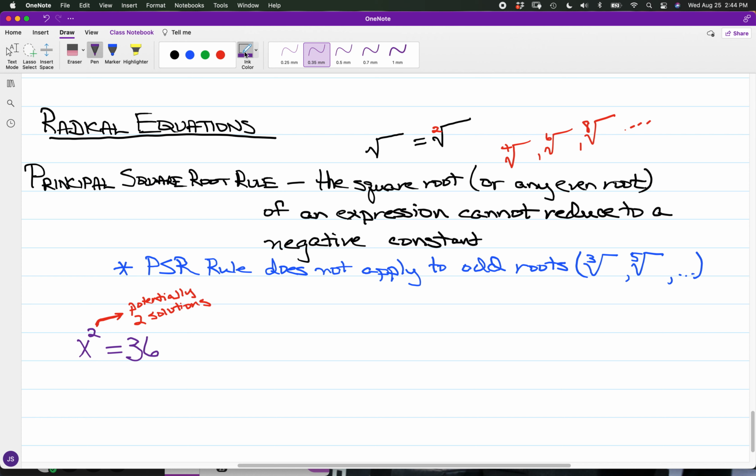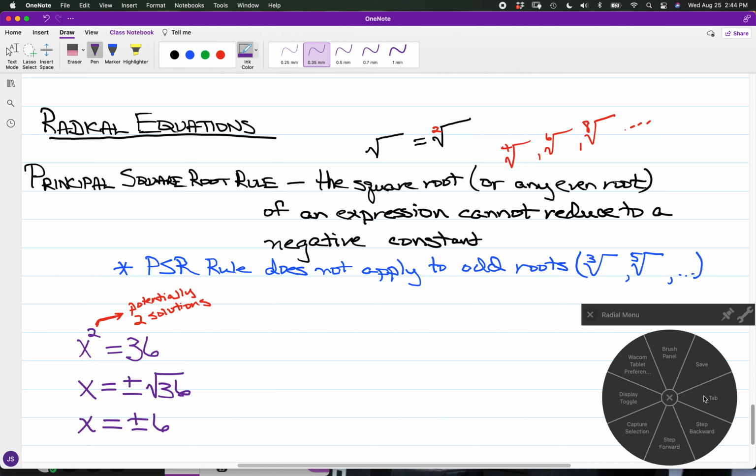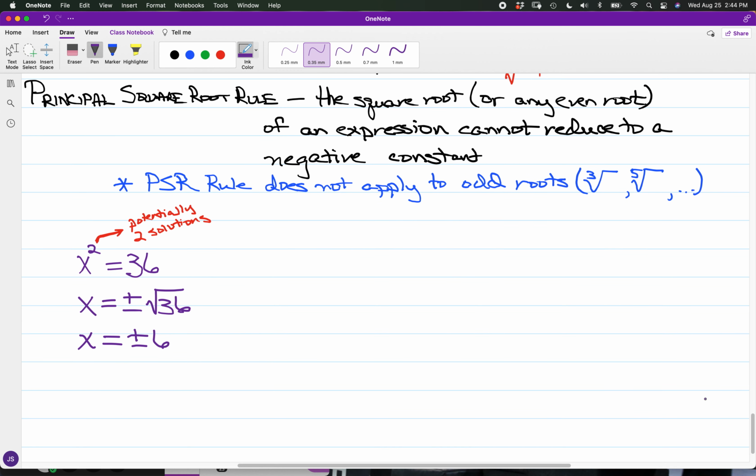And on this premise, you're starting out with the second order equation and transitioning from x squared to x with the square root property of equality. Again, we had that x is equal to plus or minus the square root of 36, and we have x equal to plus or minus 6. And so we had x equal to negative and positive 6.